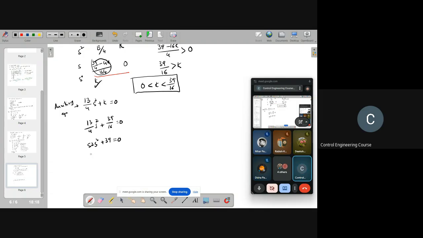So it has symmetric roots on the imaginary axis whose value is 0.866.